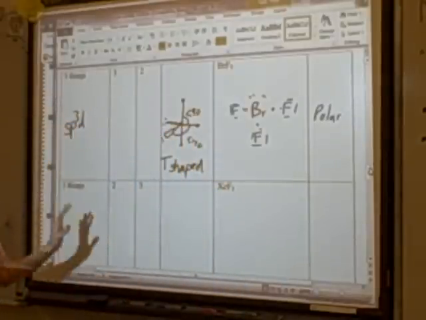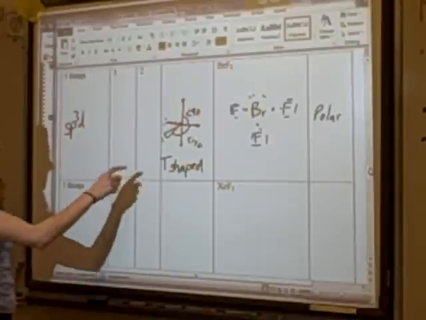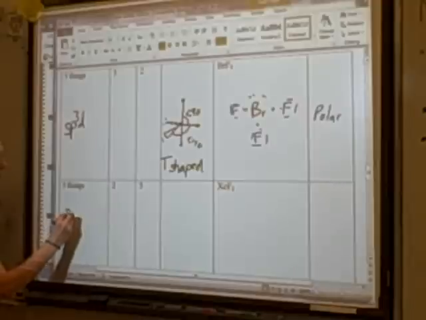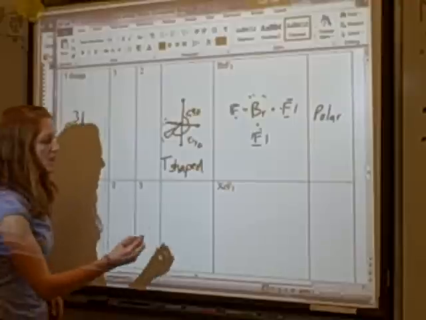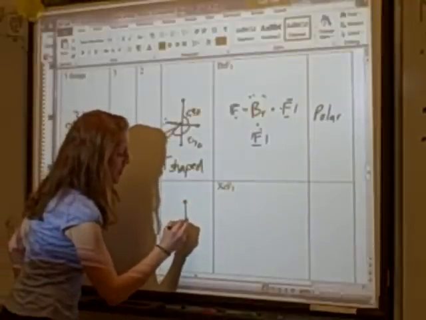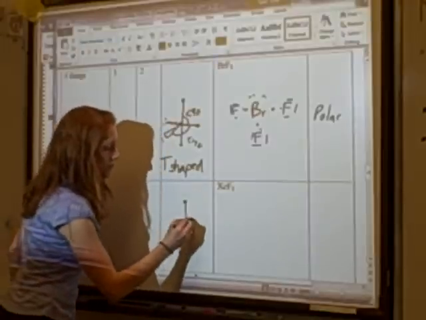Then the next guy, still 5 things, but now we'll only have 2 atoms and then 3 lone pairs. Of course, if there's 5 things, one of those 5 will be an S, 3 of the 5 will be P, and 1 of the 5 will be D. So there's 5 orbitals being involved. It's the same exact shape. So we've got that center atom attached to 2 other atoms, and then the lone pairs go where there's the most space.